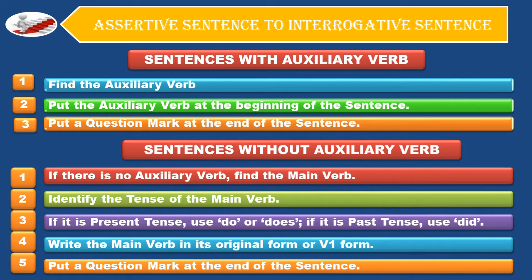And at the end, don't forget to put the question mark. So comparatively, converting assertive sentences to interrogative sentences is easier when there is an auxiliary verb in the sentence. When there is no auxiliary verb, the procedure gets a bit lengthy.